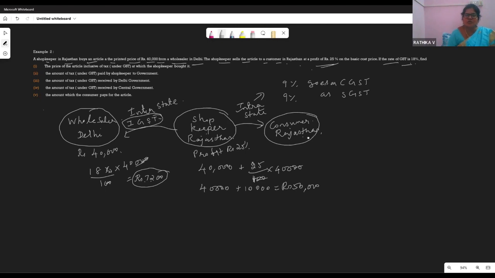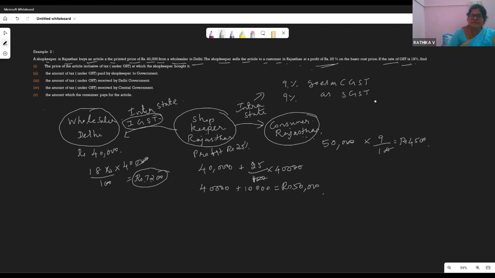So now the consumer will pay 50,000 along with GST. In the 50,000, how much will he be paying? 9%, so 9 by 100. So how much? 4,500.